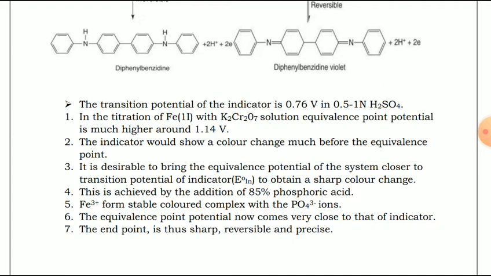In this case, the main role is played by the phosphoric acid, because ferric ion forms a stable complex with the phosphate ion, then it will show the color. Okay, so here this chapter will be completed.